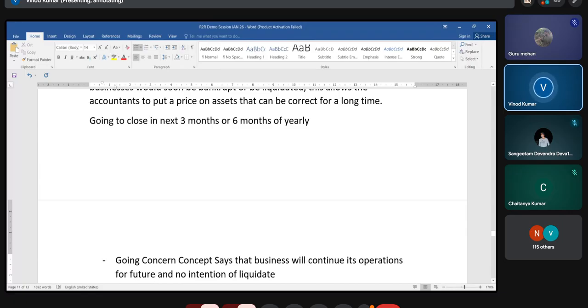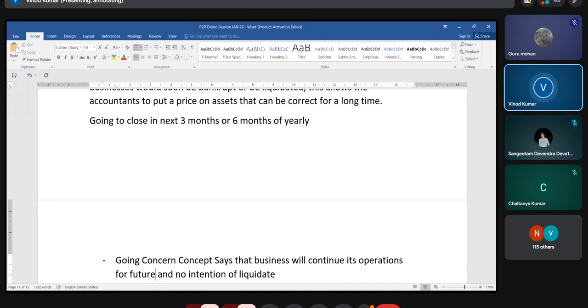It mainly says that we need to show the value of assets more. The main sign for the going concern concept is when a company is going into losses or negative cash flows, and it is going into a crucial situation where the company is getting closed.